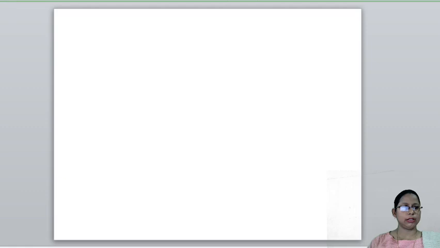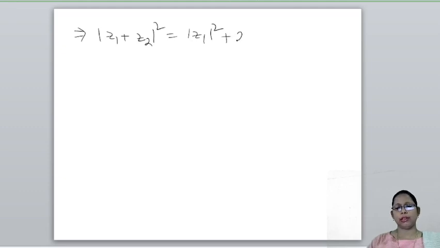So in the next step we can write, this implies modulus of Z1 plus Z2 square is equal to modulus of Z1 square plus twice real part of Z1 Z2 conjugate plus modulus of Z2 square.